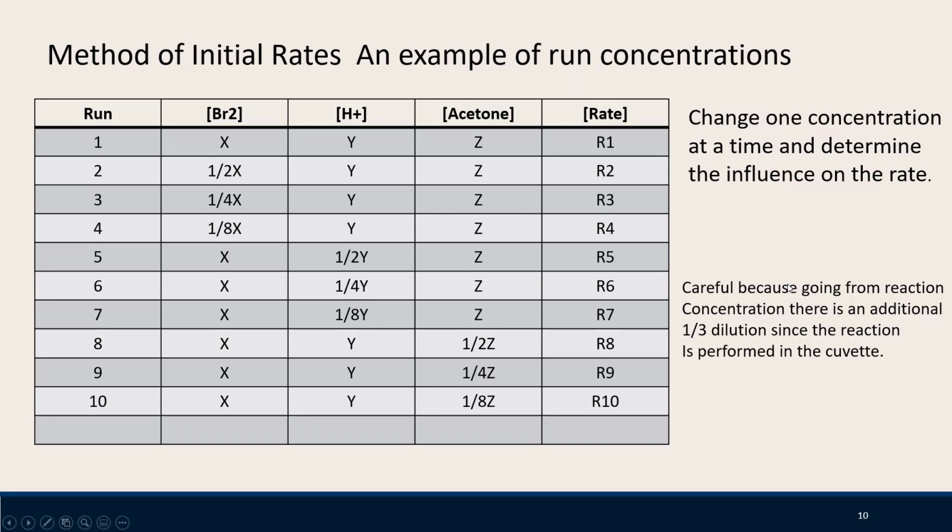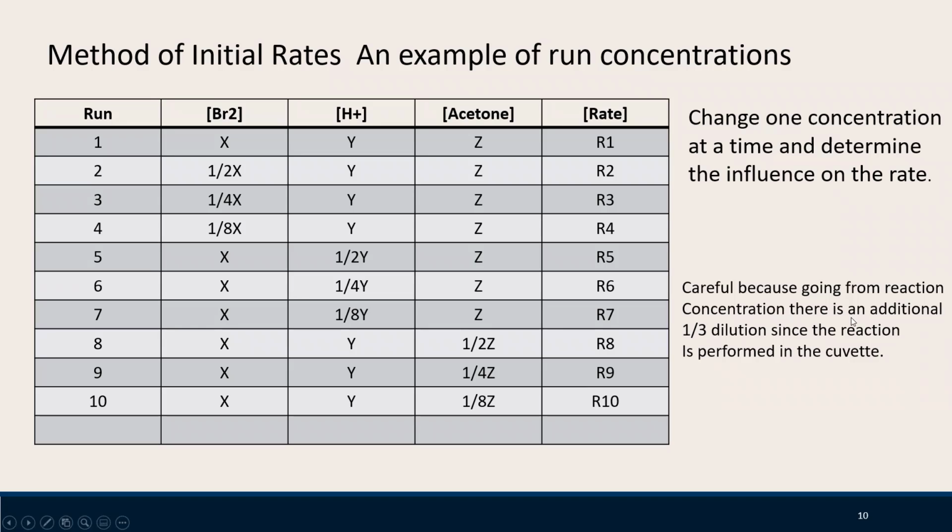When you mix the solution together, remember we mix 1 ml of bromine plus 1 ml of hydrogen plus 1 ml of acetone into the cuvette. And when you mix them together, the concentration becomes 1/3 of the original concentration.